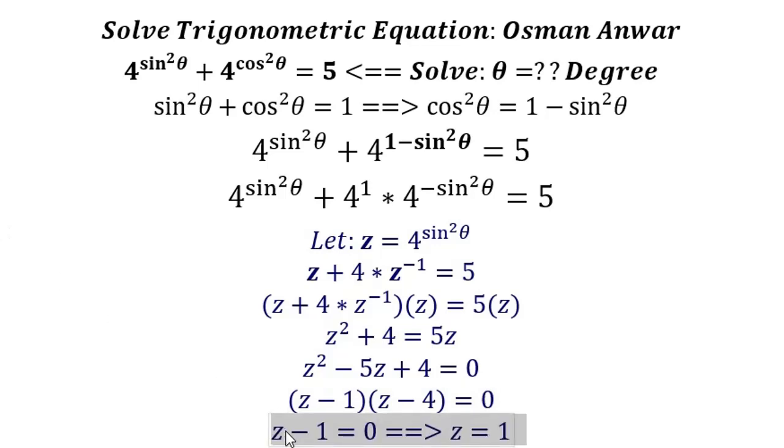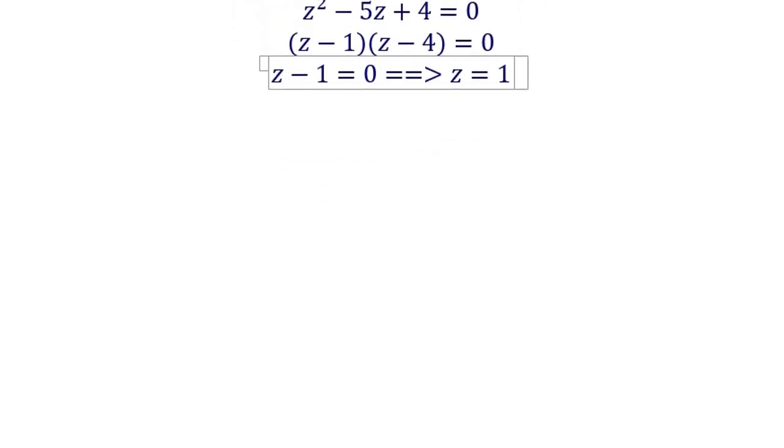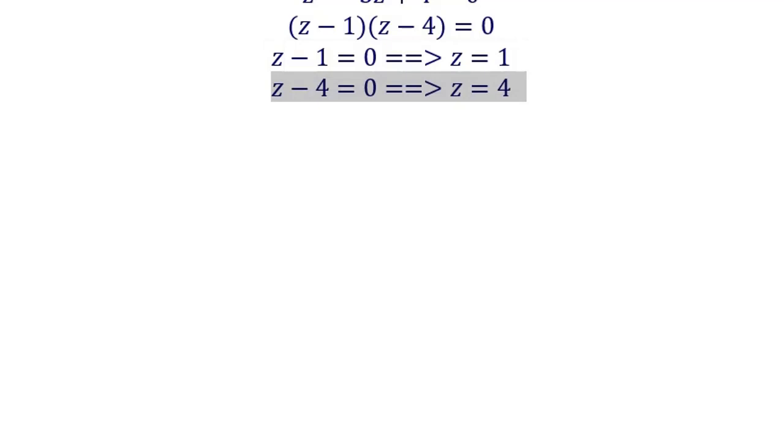That means z minus 1 equals 0, which gives z equals 1, and z minus 4 equals 0, so z equals 4.